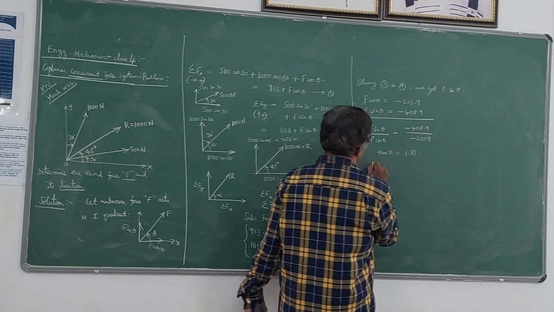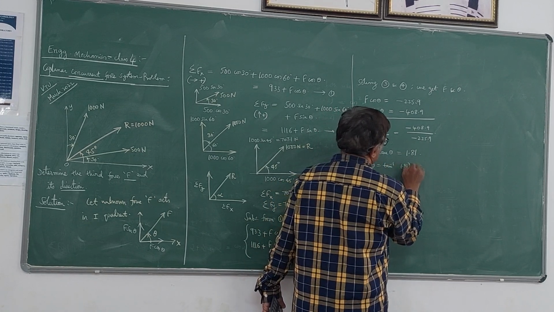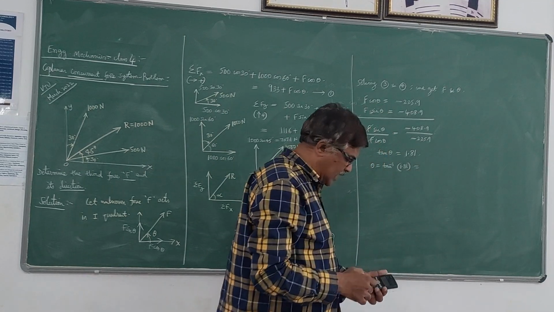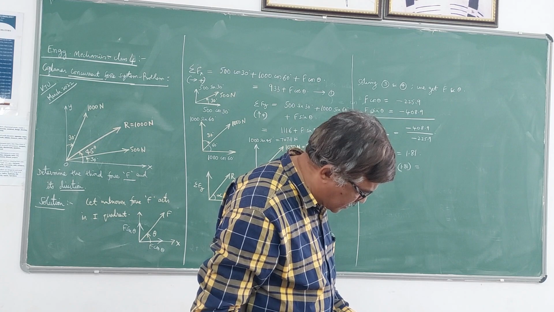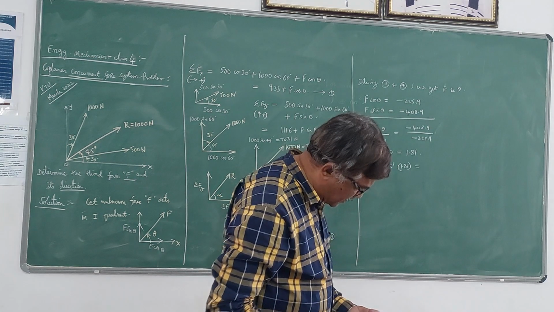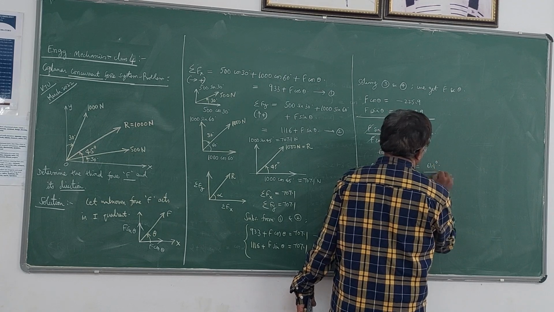Therefore theta is tan inverse of 1.81. Let us see what is the degree. Tan inverse of that will be 61 degrees, 61.1 degrees. So this is what we get.